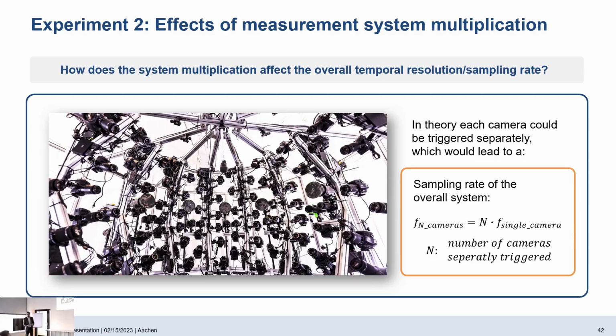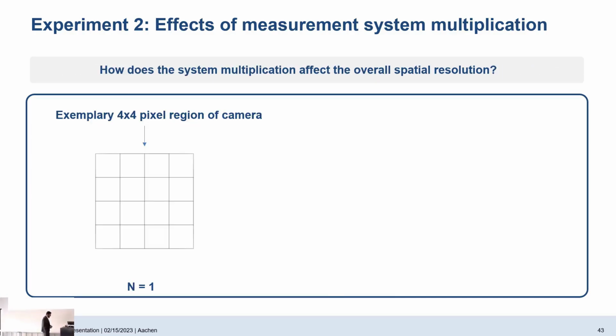It's a technical problem, but that would lead to a linear increase of the overall sampling rate of the system. So we have a proportional relationship here. And the next question is, how does the system multiplication affect the overall spatial resolution?